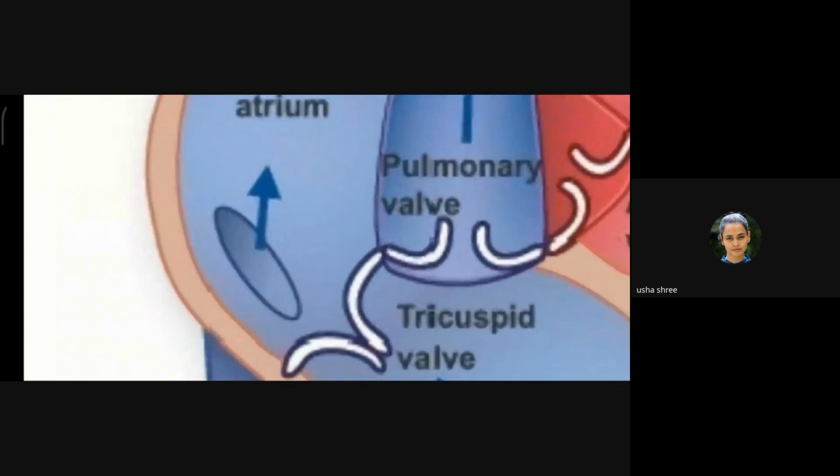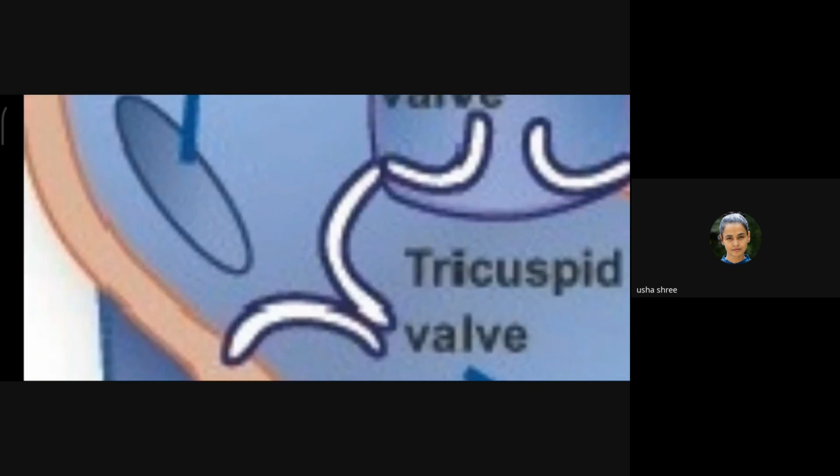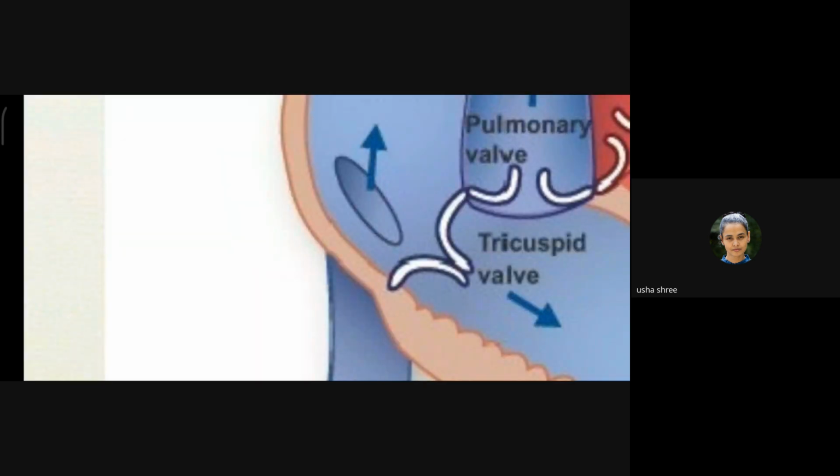Concentrate on this picture. Yes, there are only two in this. You can see only two because it is a two-dimensional picture. But if it were three-dimensional, or HD, then you could see the third one at the back side of this. Okay, just like a triangle. Yes, ma'am.